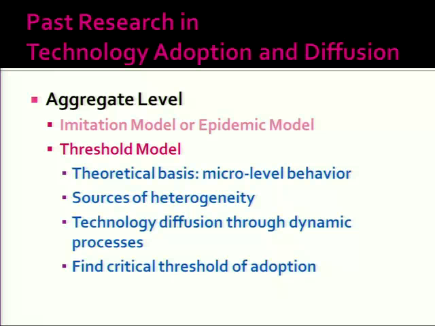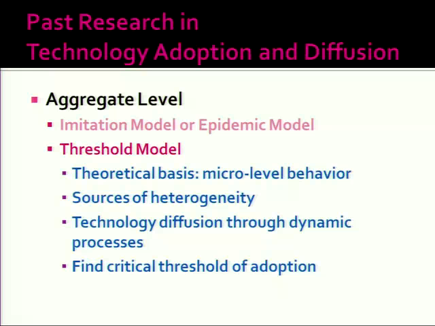So why it's called the threshold model is to say that if there were different types of heterogeneity in the population, so for example, one of the biggest types of heterogeneity we think is income levels. Okay? Obviously, if you don't have income, you're not going to buy a really big, expensive car. So if that is true, then you have a distribution of all the income levels. If that's the one source of heterogeneity, then you can find a critical income level where people switch from one type of technology to another.